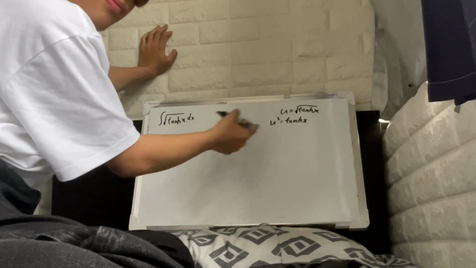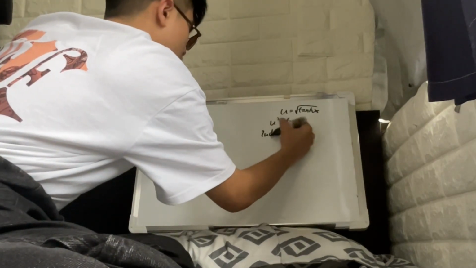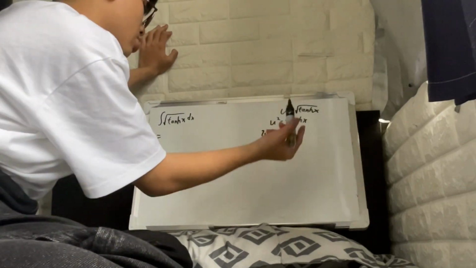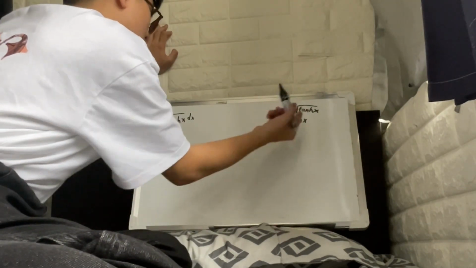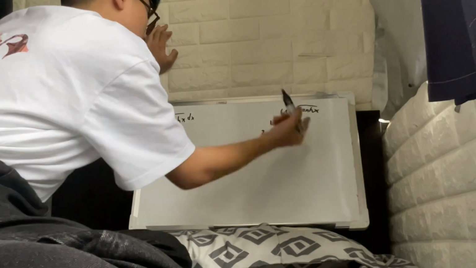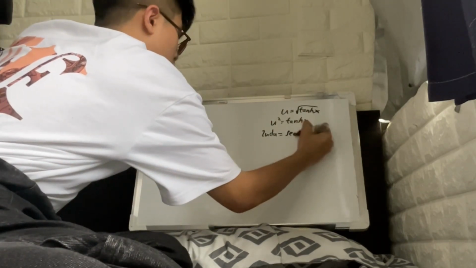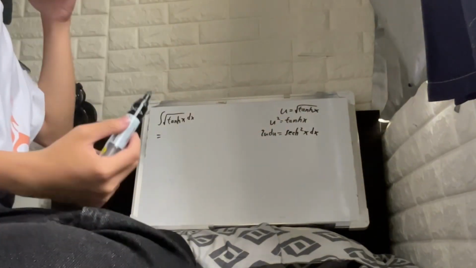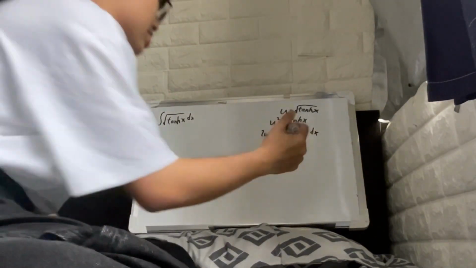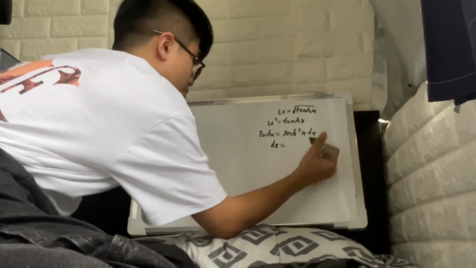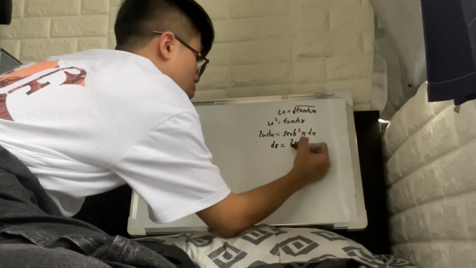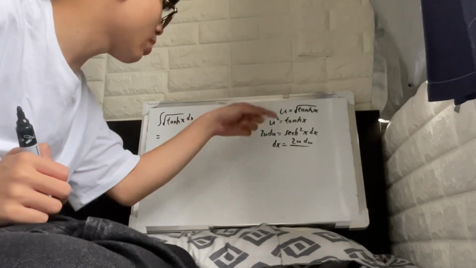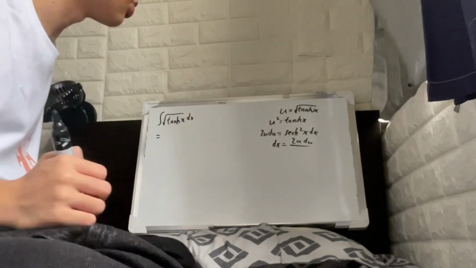Differentiate both sides, you get 2u du is equal to the derivative of tanhx, which is secant square x dx. So what's our dx? Our dx is equal to 2u du over secant square x.